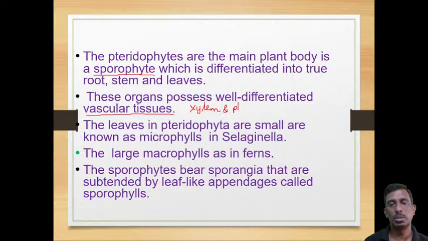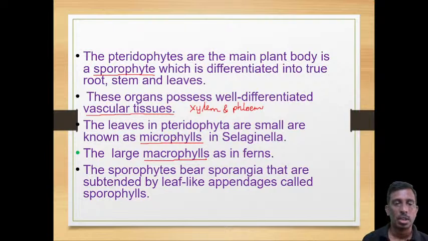They have both vascular tissues, xylem and phloem. And the leaves of pteridophytes, if we take the smaller leaves and larger leaves, smaller are called microphylls as in Selaginella, and larger are macrophylls as in ferns.